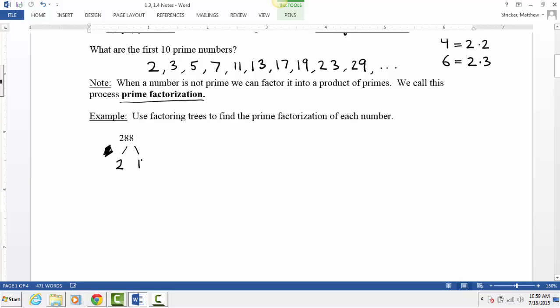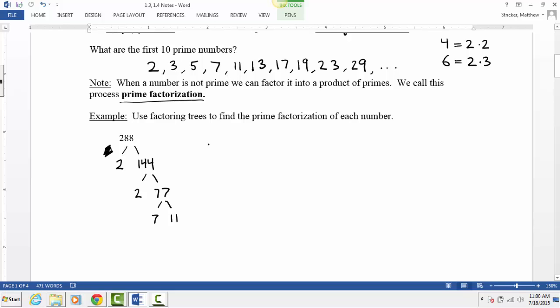And 2 times 144 is 288. 144 is still even, so 2 goes into that. 77 times. 77 is divisible by 7 and 11. And if you look up here, 7 and 11, those are both on our primes list.